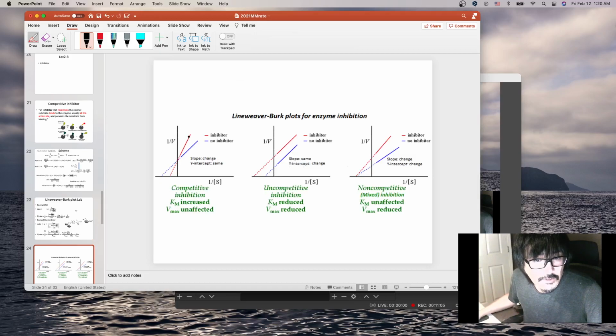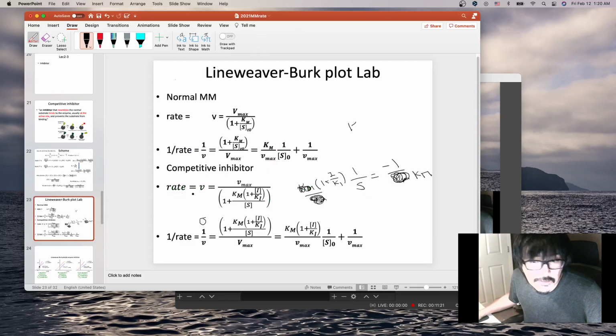So I'm talking about this one right here. As I said, the Y intercept is exactly the same as in the normal case, but the X-intercept is going to be much smaller, and that's because of this term. If you divide both sides by that, it becomes this plus that, and that value right here is bigger than 1.